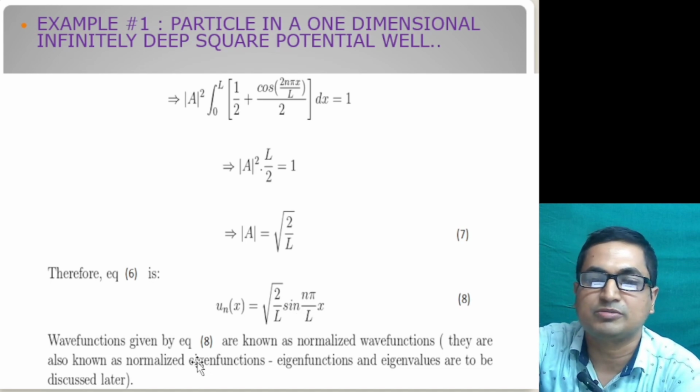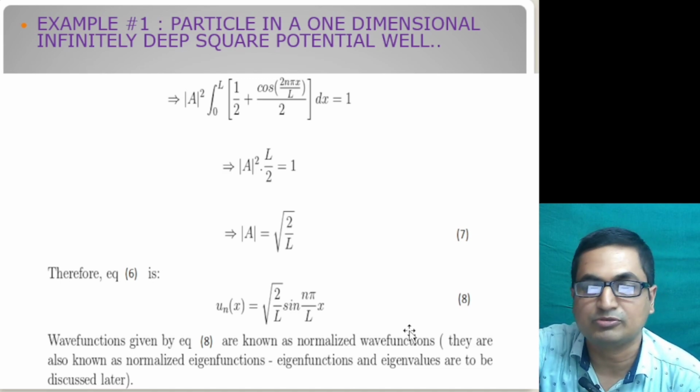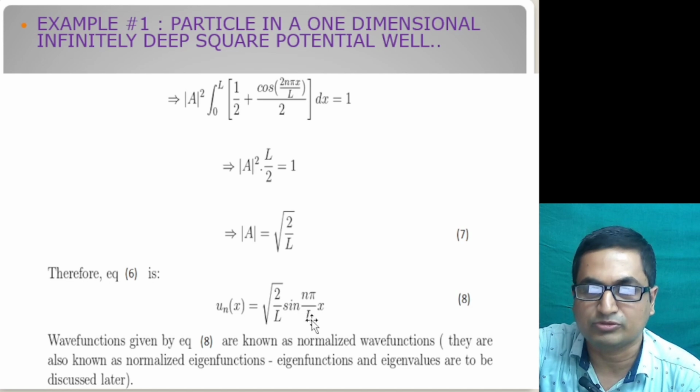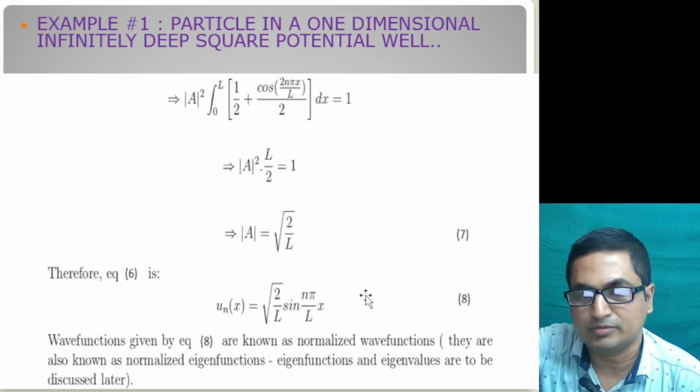Now the wave functions given by equation 8 are normalized wave functions, because we have already applied the normalization condition and found the normalization constant. These are also known as eigenfunctions, because the time independent Schrodinger equation, as explained earlier, is an eigenvalue equation.